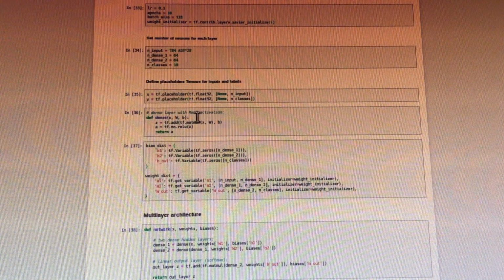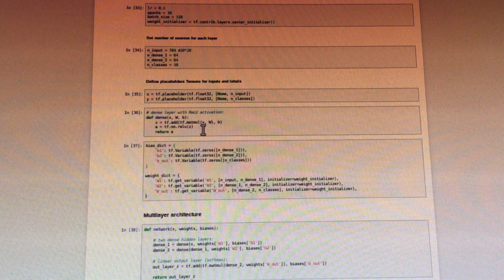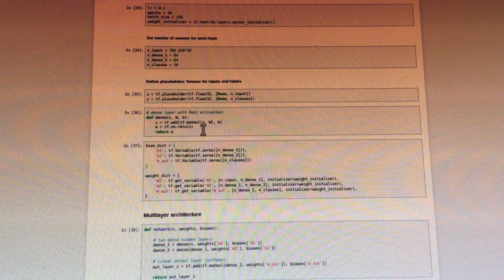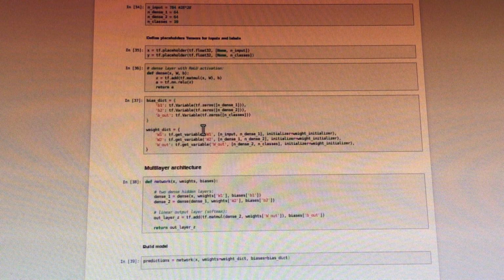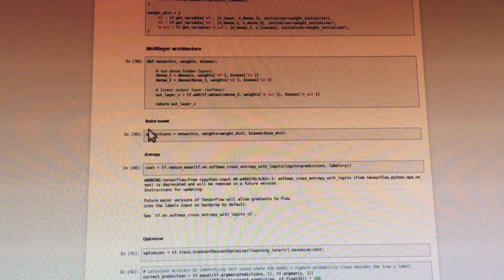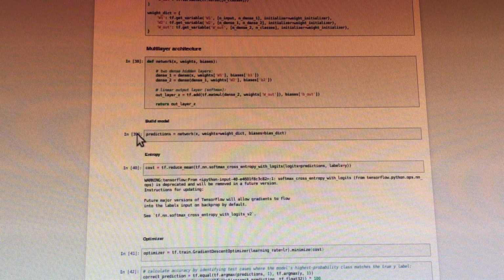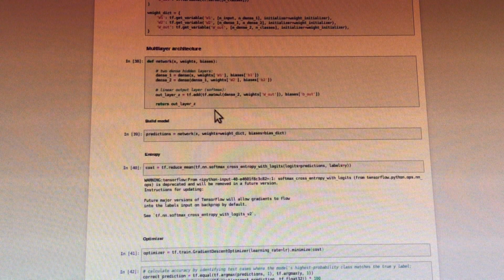We discussed that we are using the ReLU activation function to make the output nonlinear, and we are making this function by using this network.